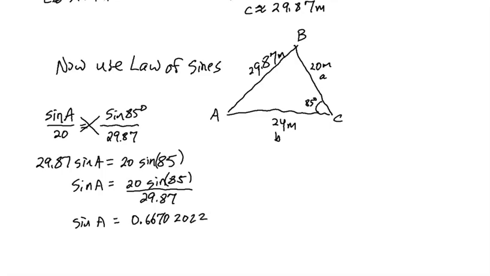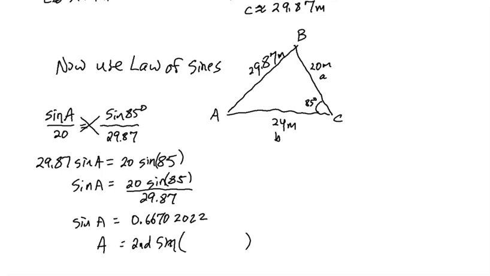We want to keep that in the display, and then we're going to have to do second sine on the calculator to undo the calculation. So if I'm looking for this, it's going to go on the other side. A is equal to the second sine, the inverse sine of that number that we just got.